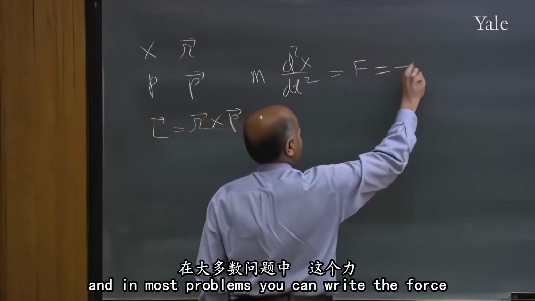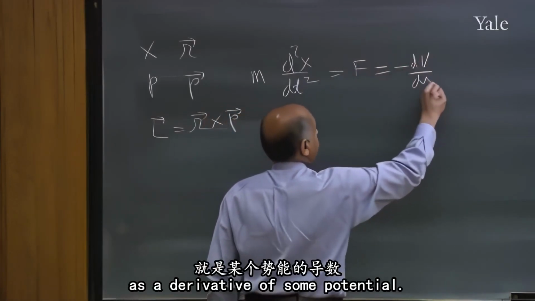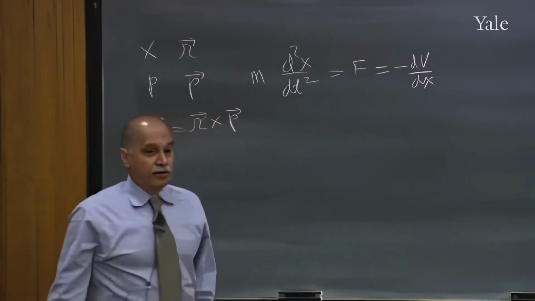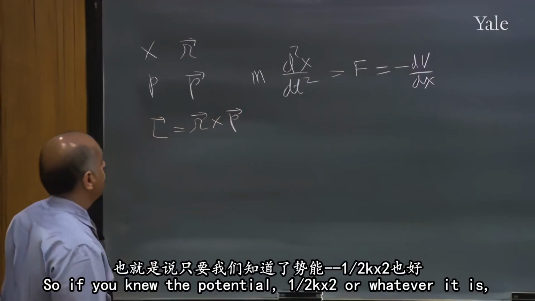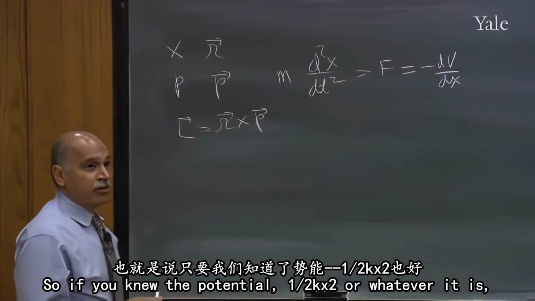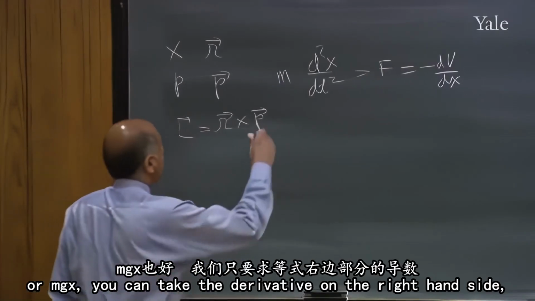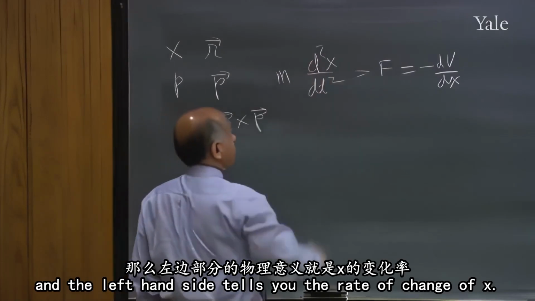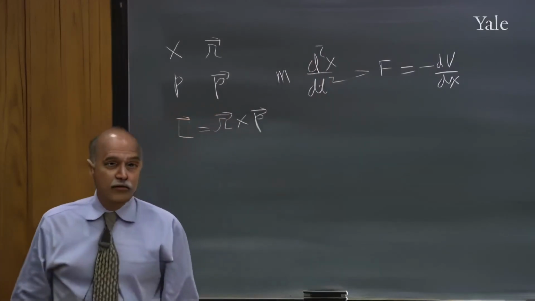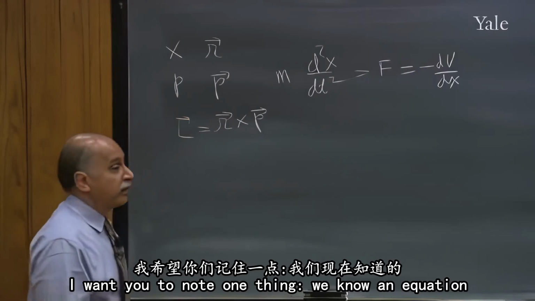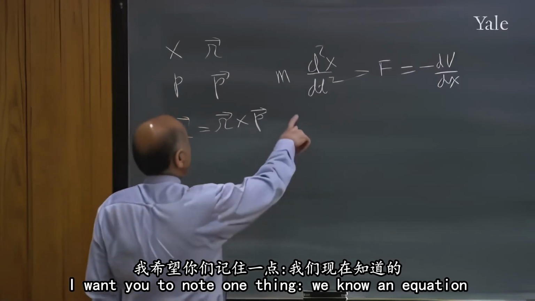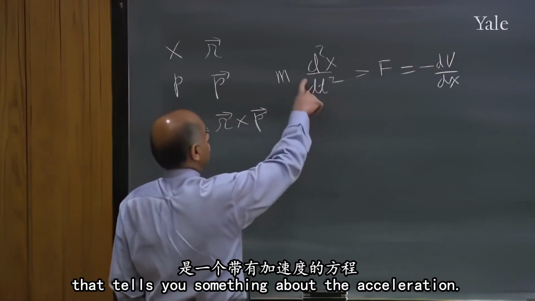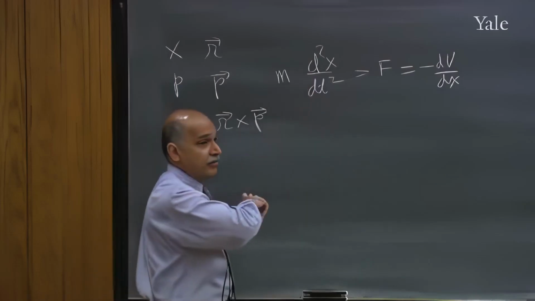And in most problems, you can write the force as the derivative of some potential. So if you knew the potential, 1/2 kx squared or whatever it is, or mgx, you can take the derivative on the right-hand side, and the left-hand side tells you the rate of change of x. I want you to note one thing. We know an equation that tells you something about the acceleration.